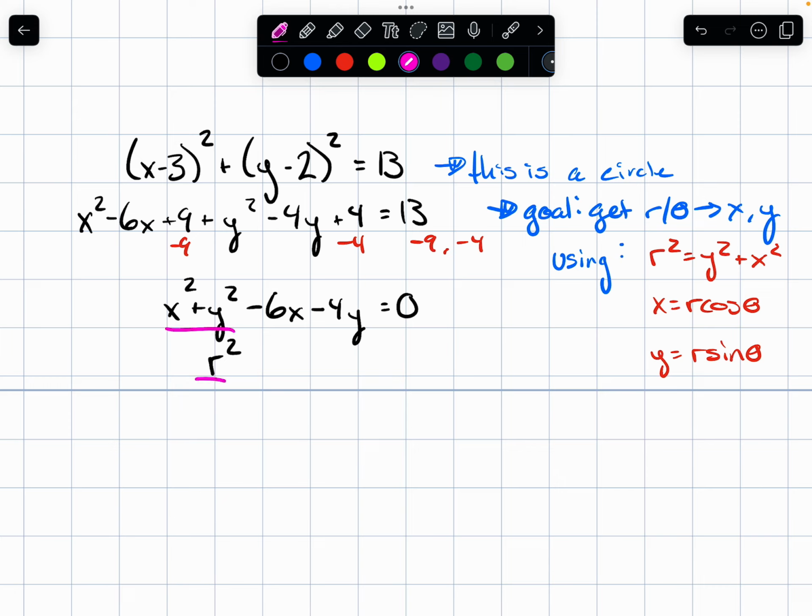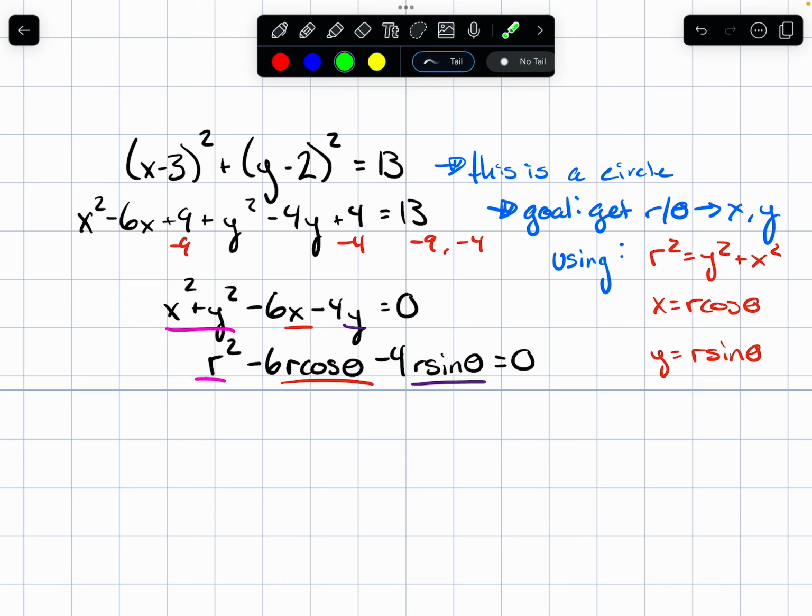My whole goal is to get everything in terms of r squared, r, and theta, and I don't want x's anymore. So for x I use r cosine, giving negative 6r cosine of theta. And lastly, I can change that y into negative 4r sine of theta.